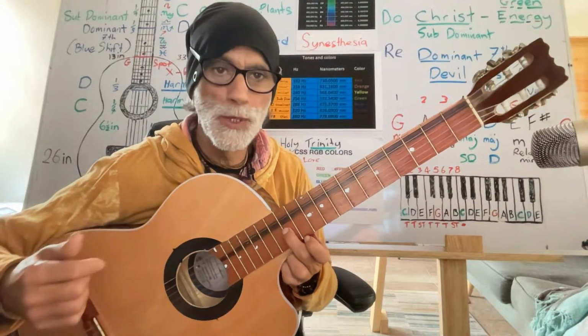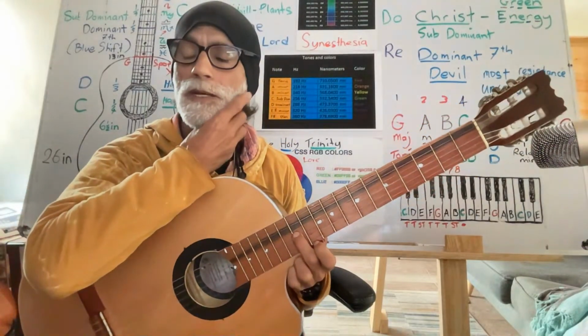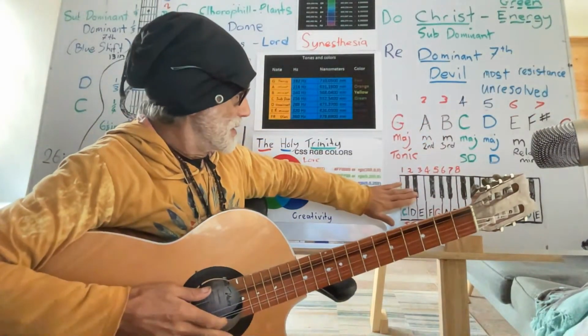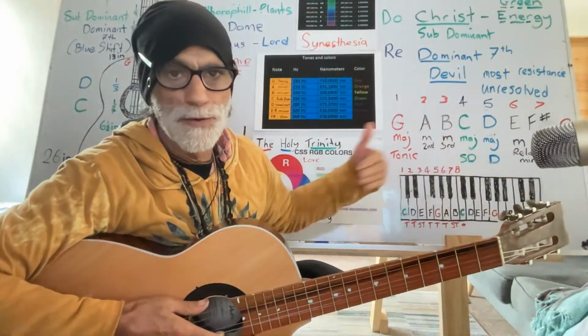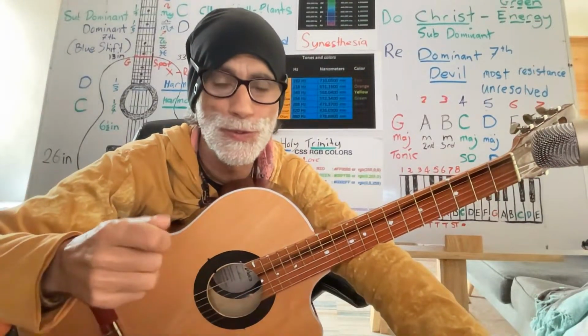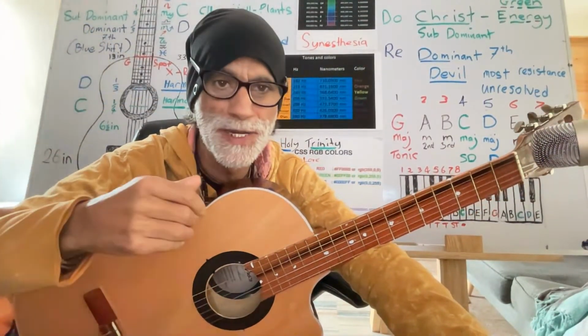So I've done all 12 notes on the G string. But there are 5 that are not played and 7 that are played to make the melodies, the beautiful songs that we hear all around the world. It's mostly diatonic, 7 notes, not so much pentatonic.